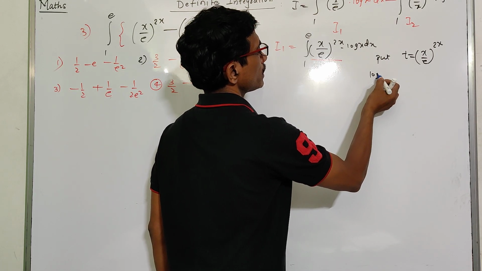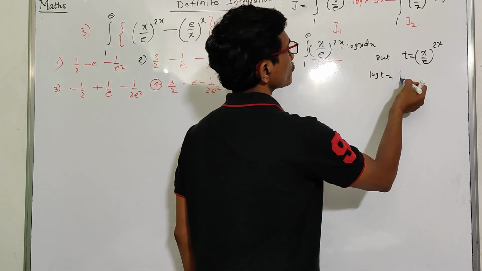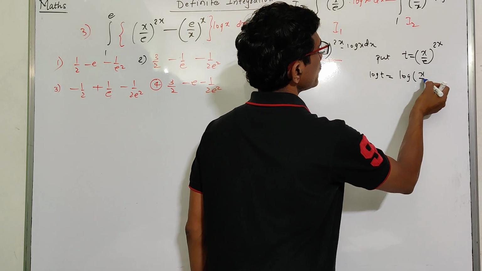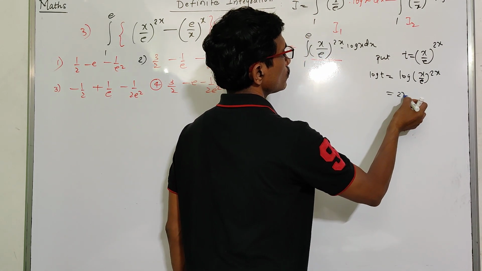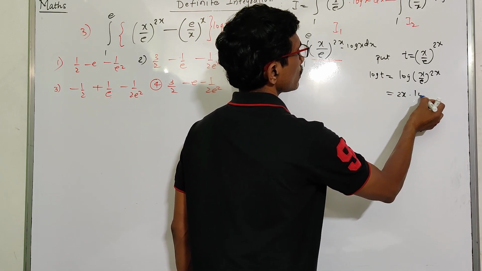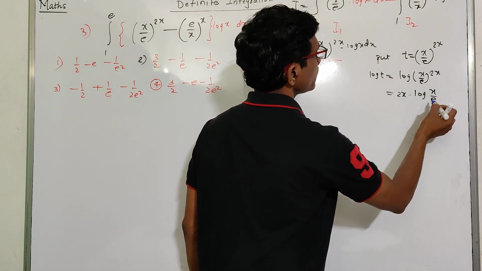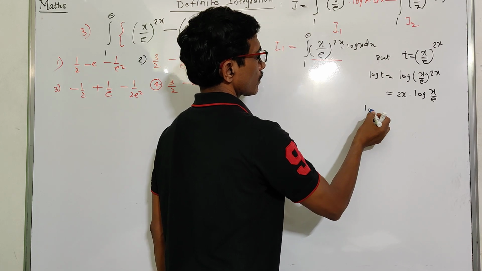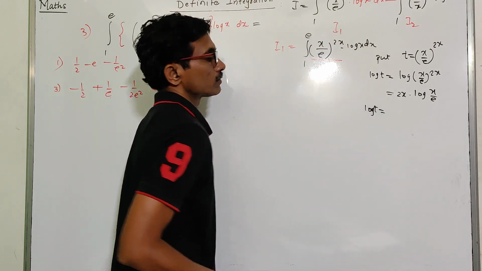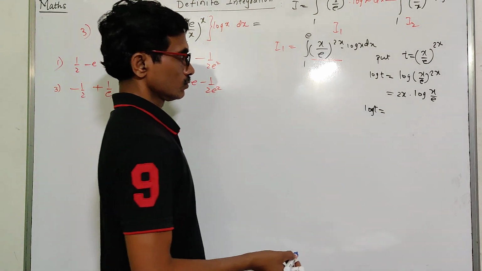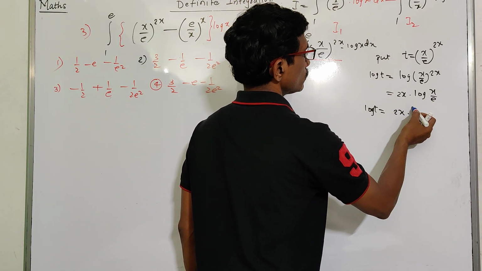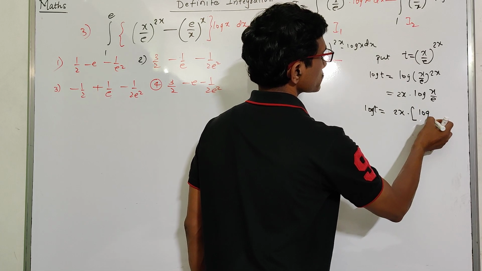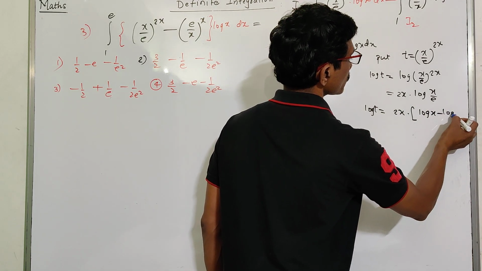So log of t is equal to log of x by e raised to power 2x, which is 2x into log of x upon e, which is log of t is equal to 2x into log x minus log e, which is 1.